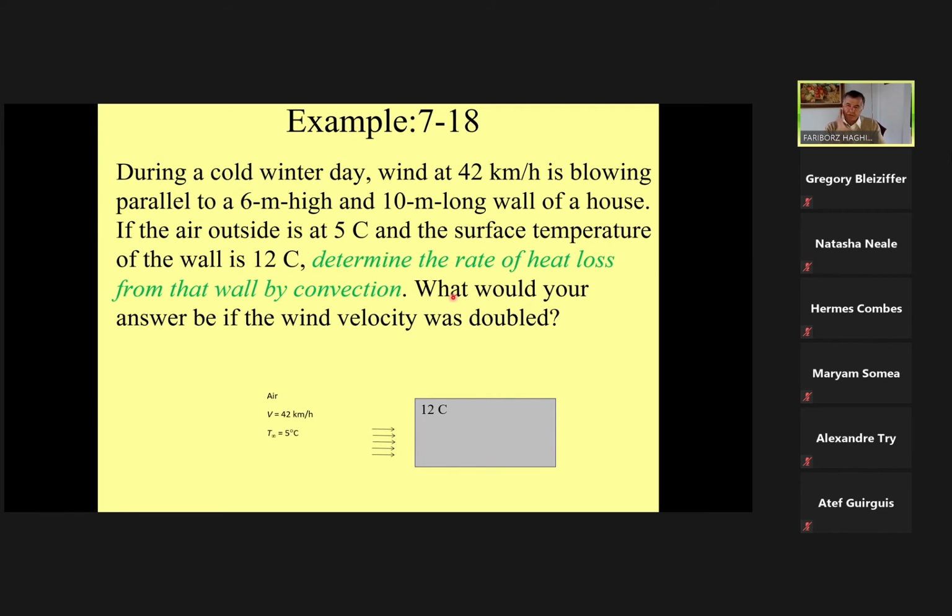Therefore, the flow is parallel to the wall of a house. If the air outside is 5 degrees and the surface temperature is 12 degrees, determine the rate of heat loss from the wall by convection. Please do it, because this is the whole idea of practicing.